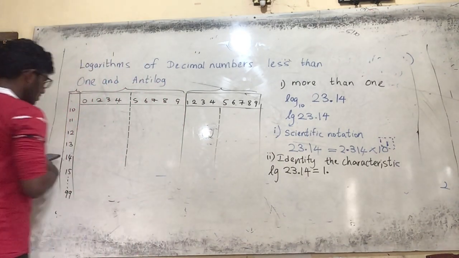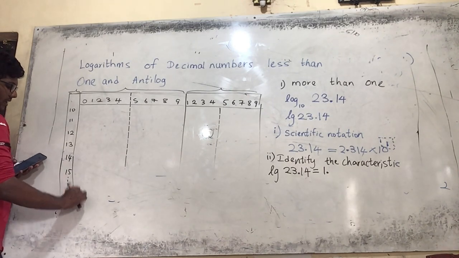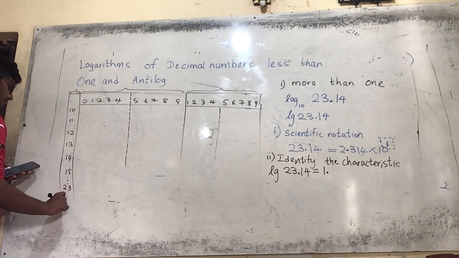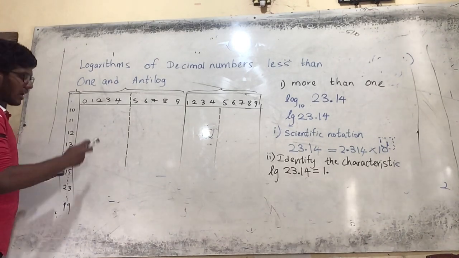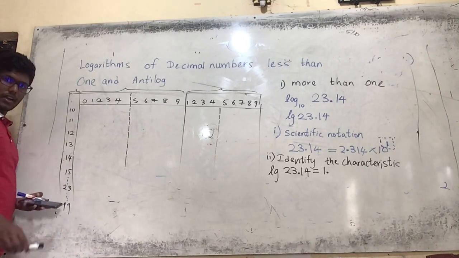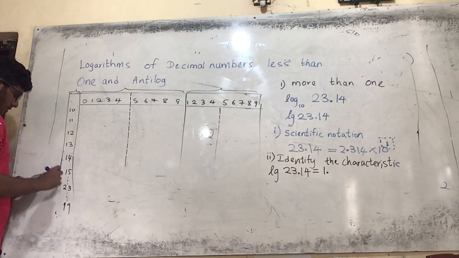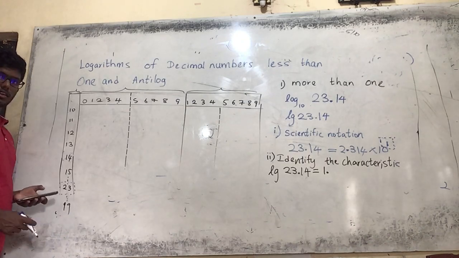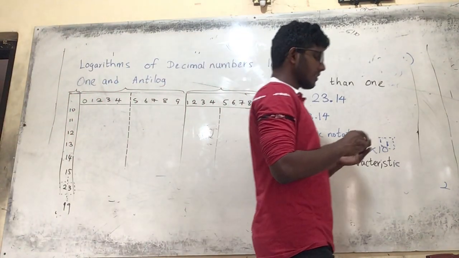So in this table, I will write 23 somewhere here. In this table, you have to go up to 23. Now you identify 23. Here is 23. Why do you go to 23?